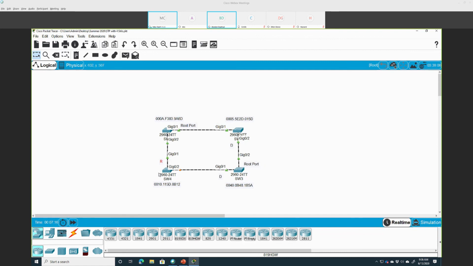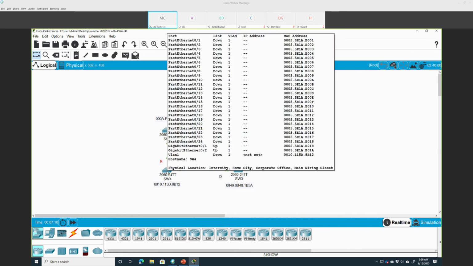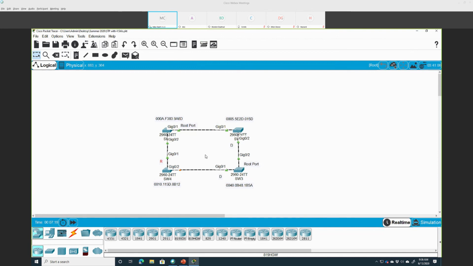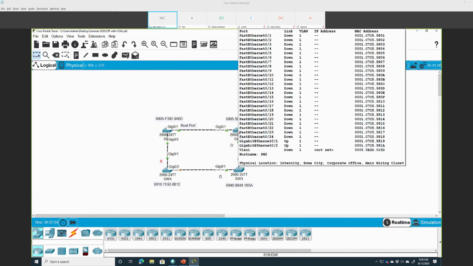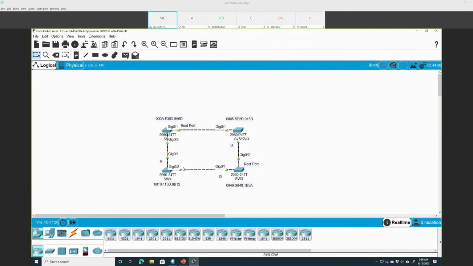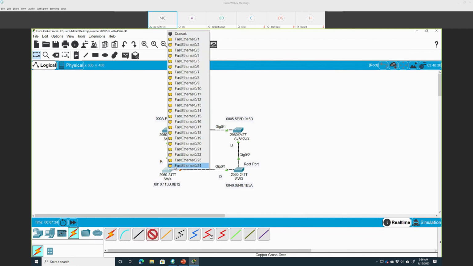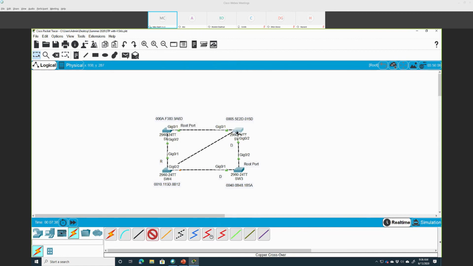Now, let me ask you a question. What happens if I connect SW4 with SW2 right here? Is this going to change? Let's say we go with the fast Ethernet 0/24 to this guy here. So what's going to happen now?